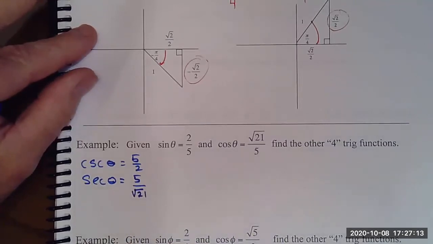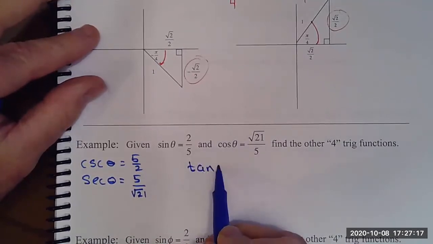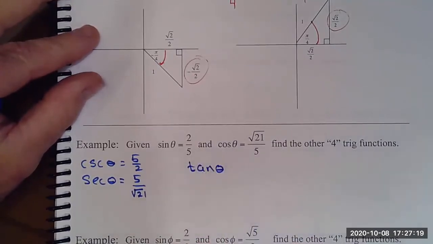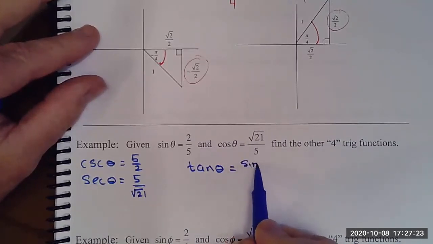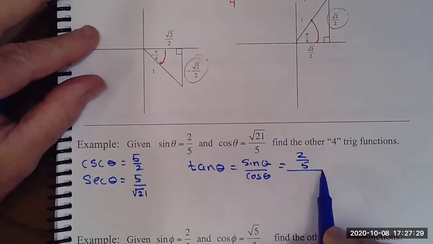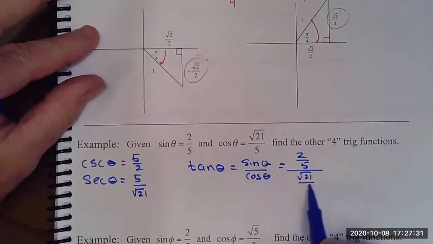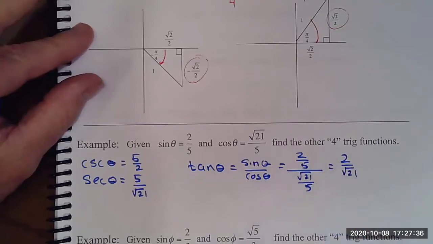Let's see, the other two is tangent. So the tangent of theta, well, that's the same as sine over cosine. So what do we got? 2/5 over root 21/5. Okay, that's 2 over root 21.